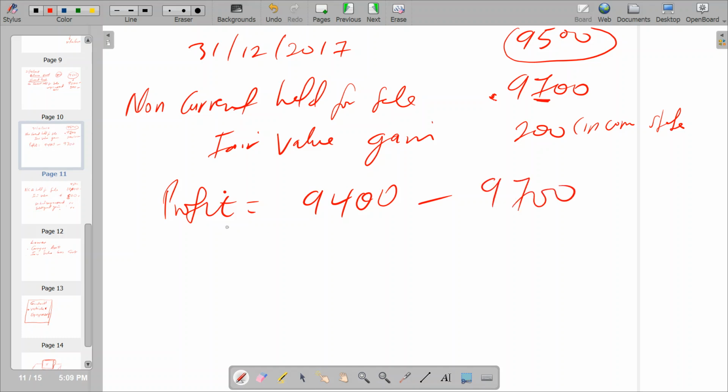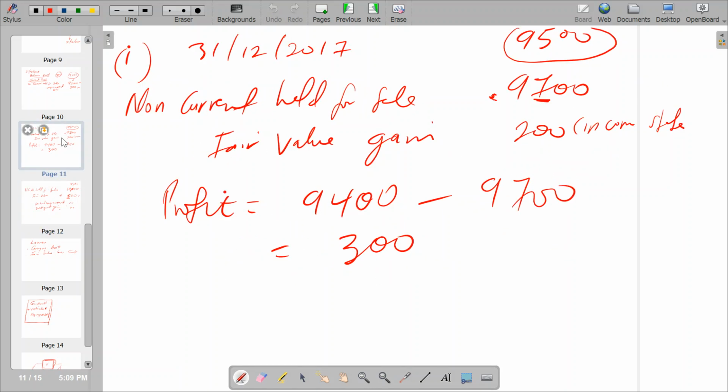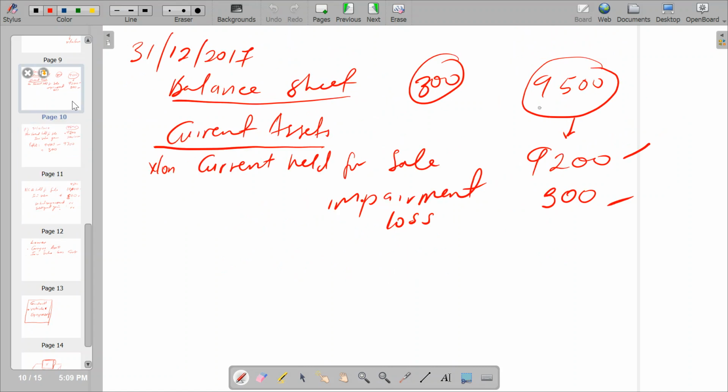So here this is going to be a loss of 300 for scenario 1. Let's look at this is scenario 2. Okay, this is scenario 1.